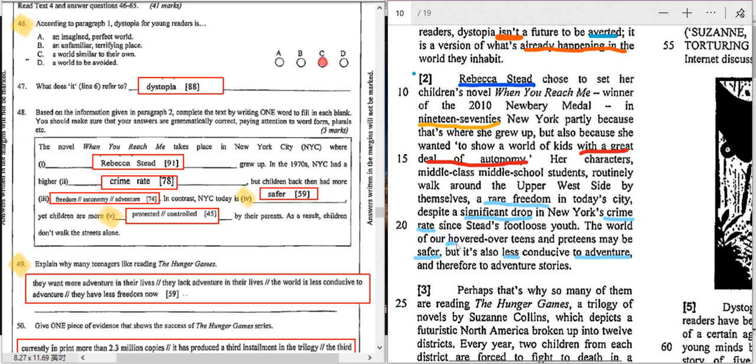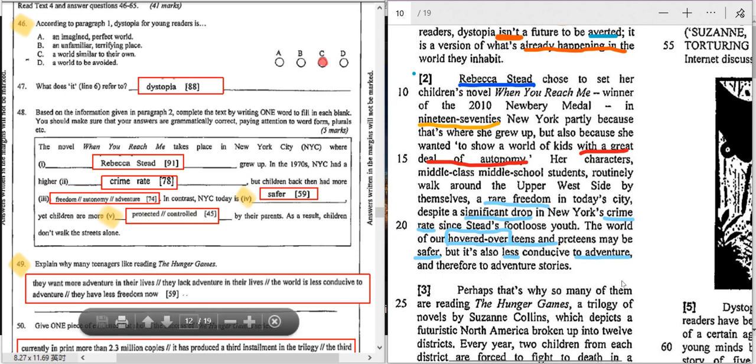So because it mentions here that the world of our hovered over teens and preteens may be safer. They are overprotected, they are covered up by their parents, they are sheltered, they are controlled by their parents, hovered over. That's a word.